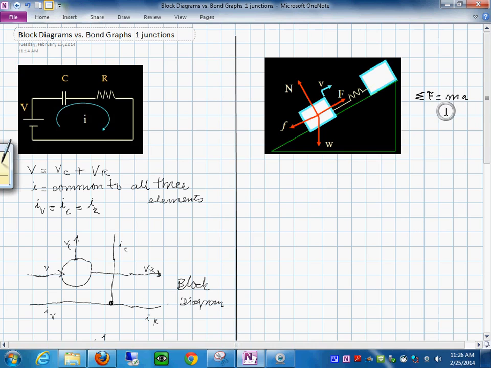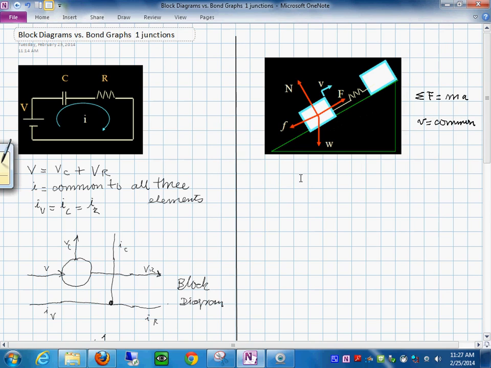So summation of forces, but the velocity v is common to this. So in this particular case, we add the forces, the connection, and we also consider the velocity as the common variable.